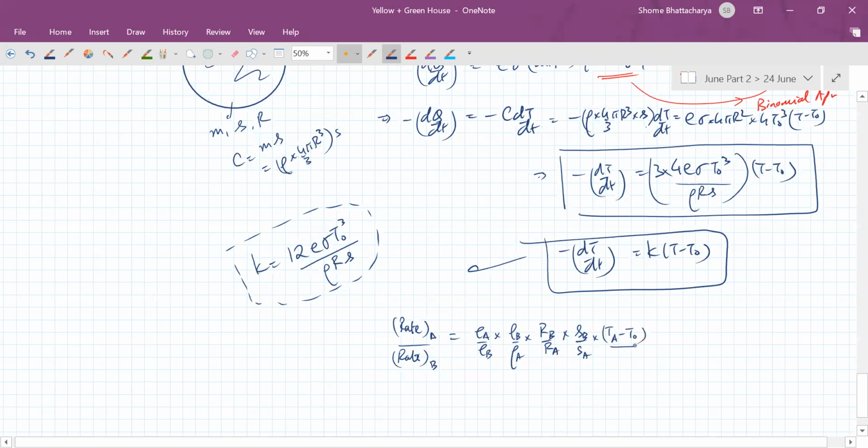But for the first part, obviously, both the temperatures are the same, so even this will be the same. So you can just use this relationship.